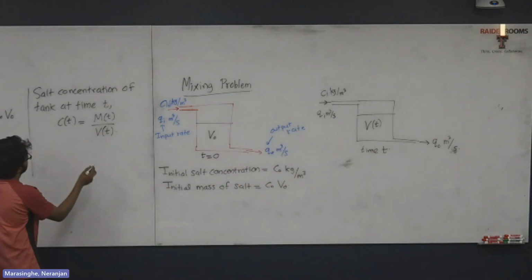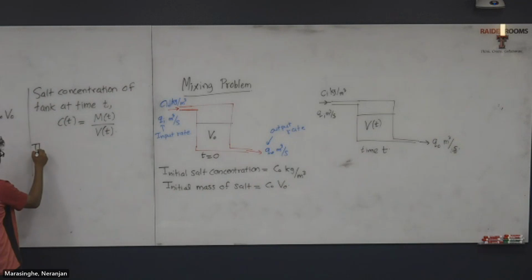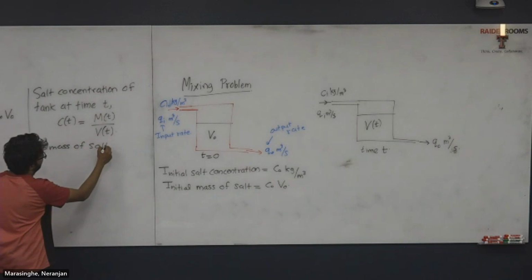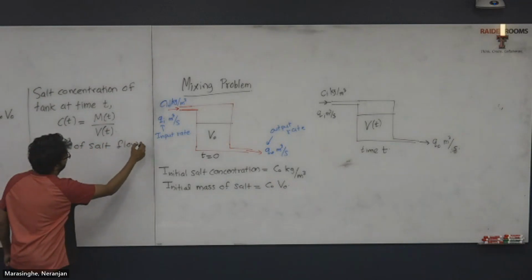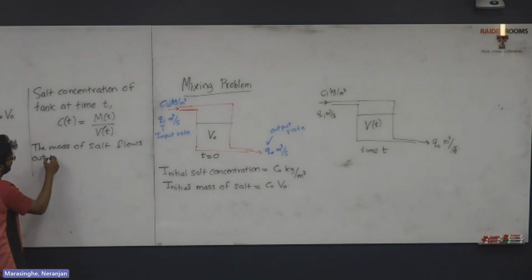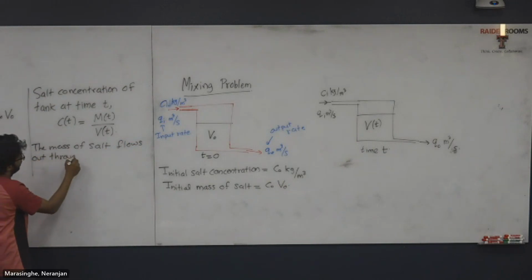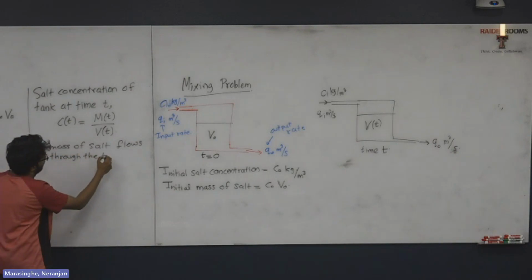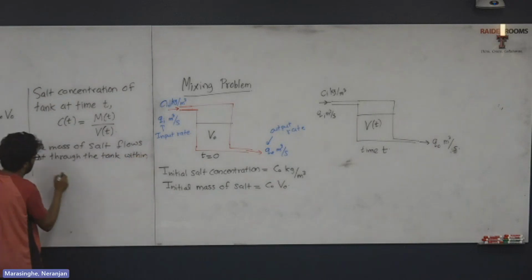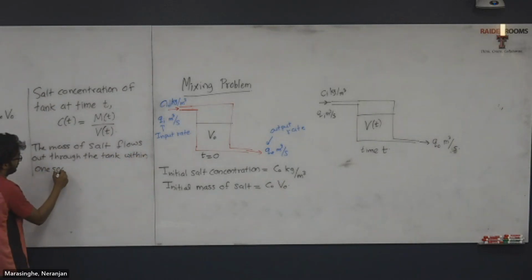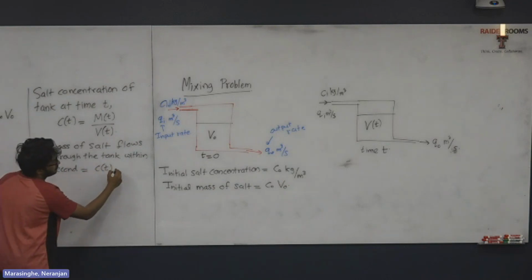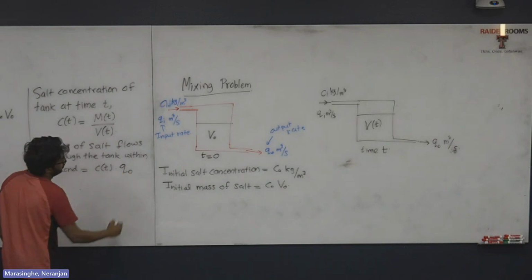I would say the mass of salt that goes out of the tank within 1 second is C(t) times Q naught.